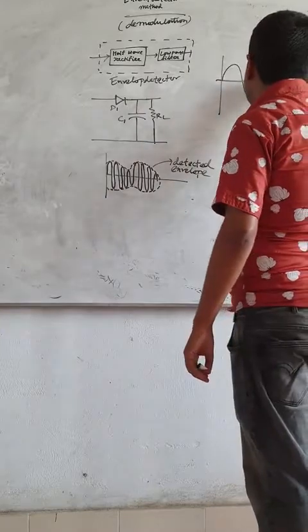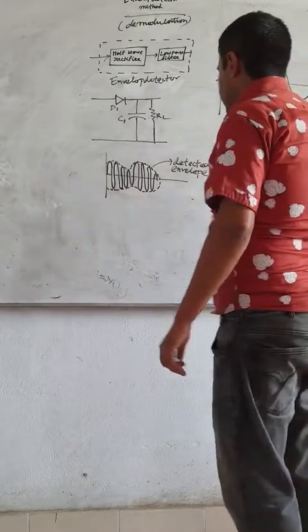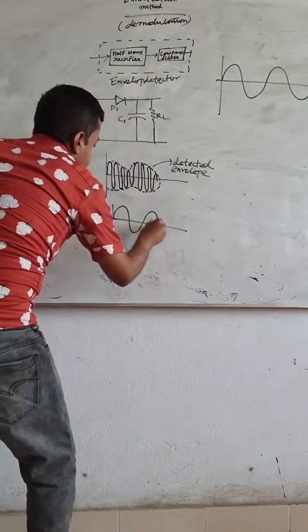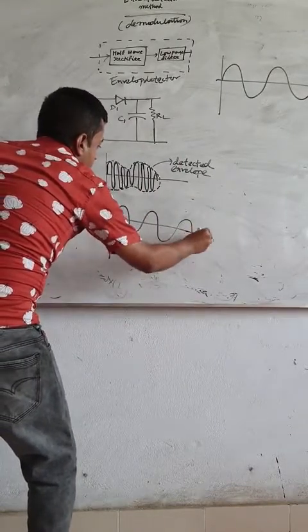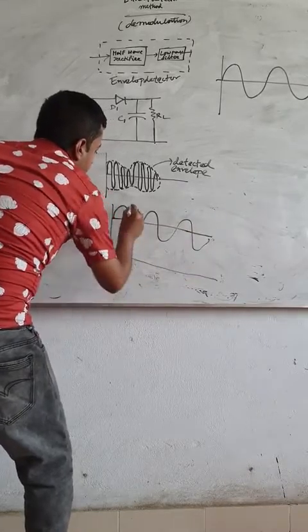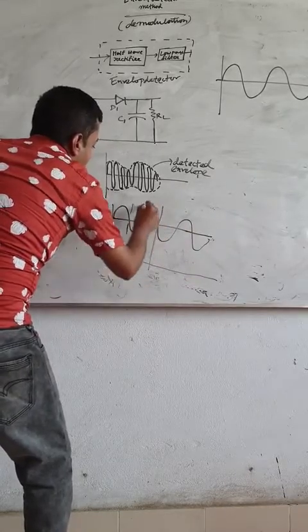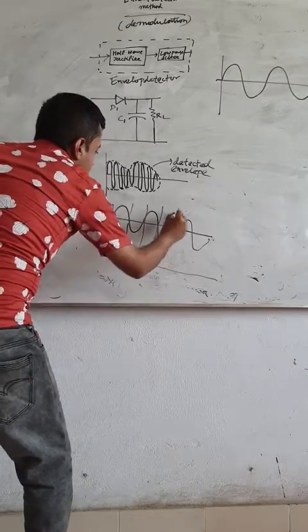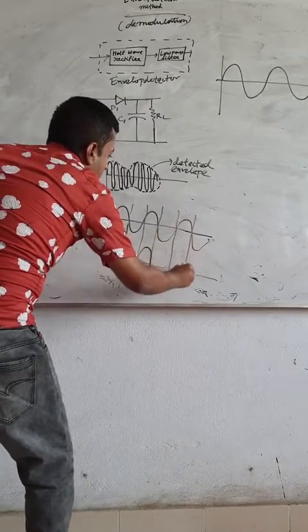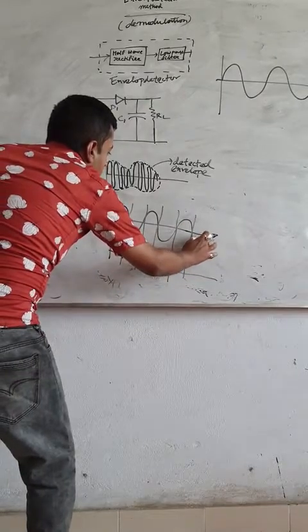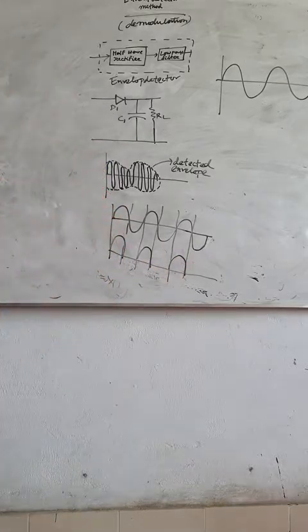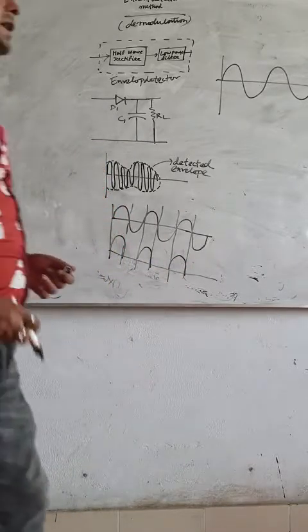This is the sine wave signal, and the half-wave rectifier output will be like this. Now the problem is we are using a filter circuit with the half-wave rectifier.